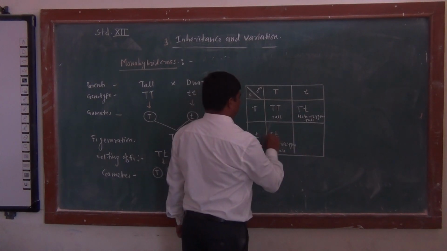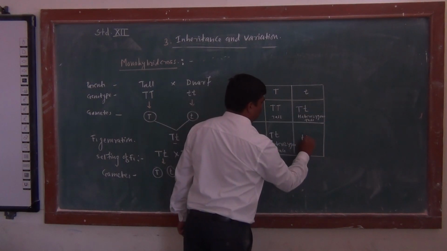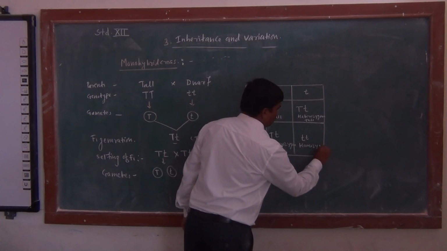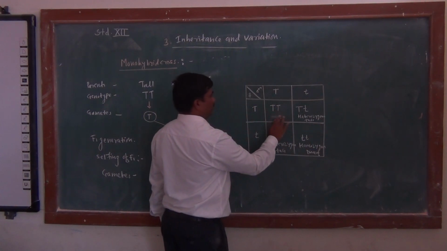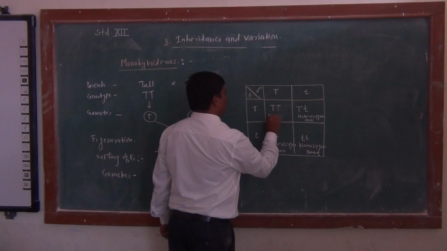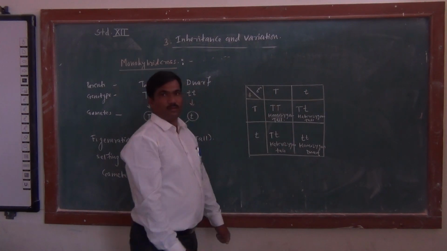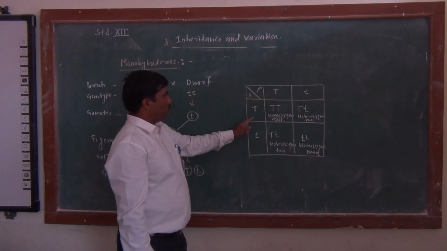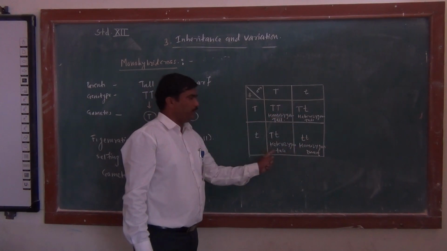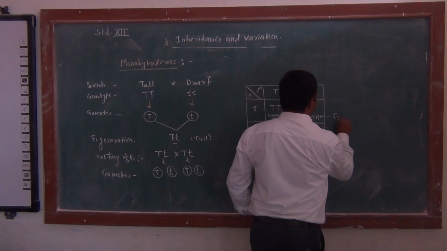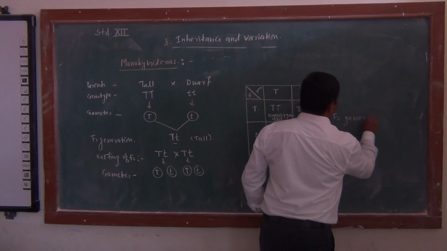And small t, small t is homozygous dwarf. So these four offspring are formed in the F2 generation.